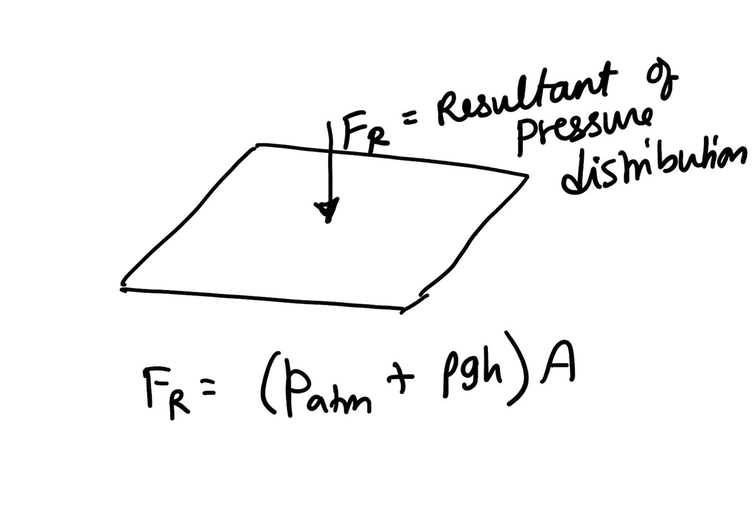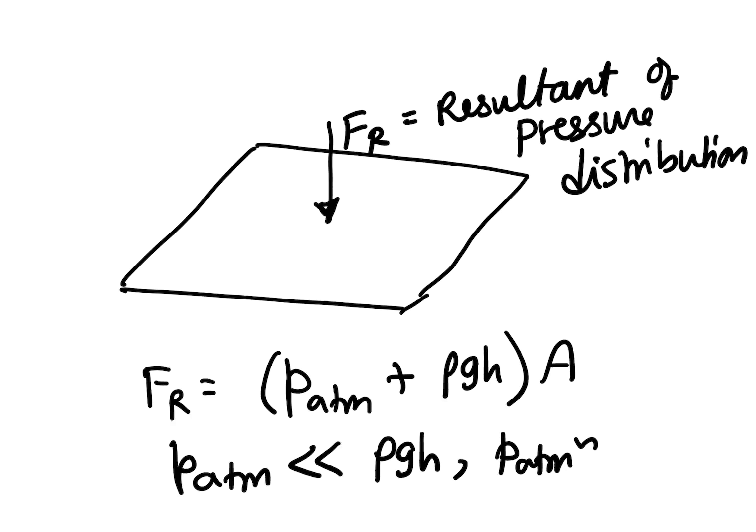Okay, and most often the atmospheric pressure is much smaller than rho gh, so we assume that it's approximately 0. Or if it's a free surface, we just say the pressure is 0, assuming that there is an atmosphere, and we subtract the effect of it. So the resultant force is compactly written sometimes as rho gh times the area.